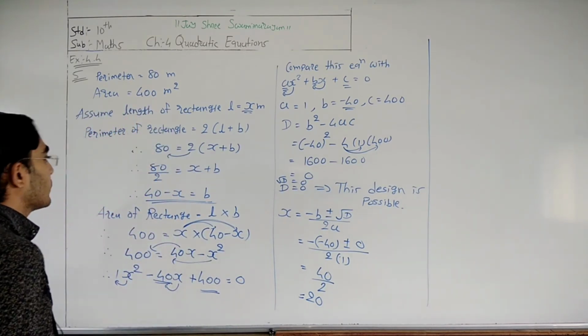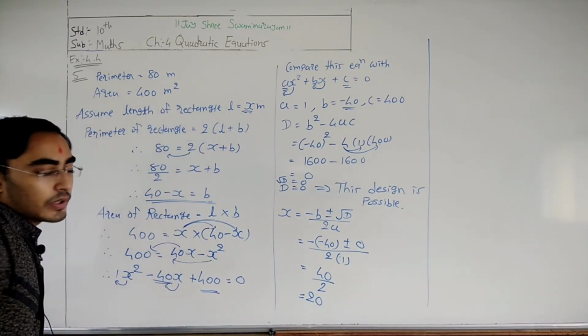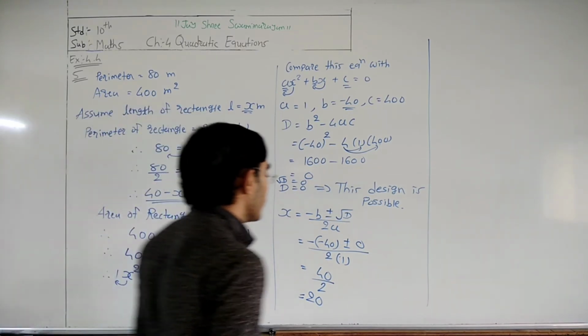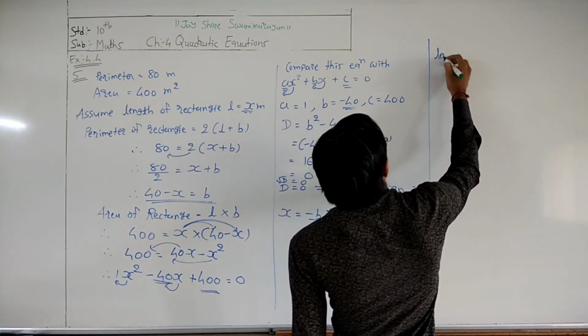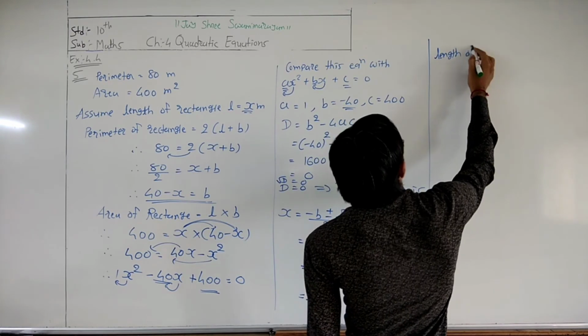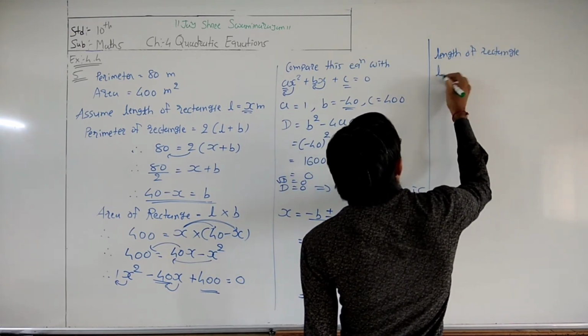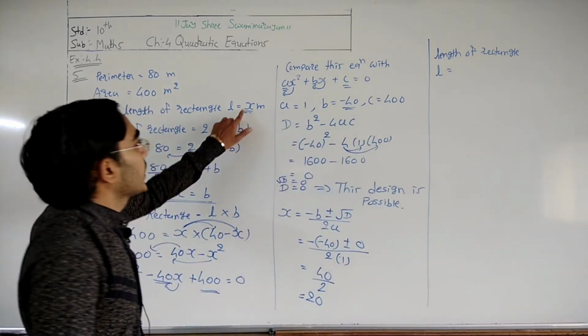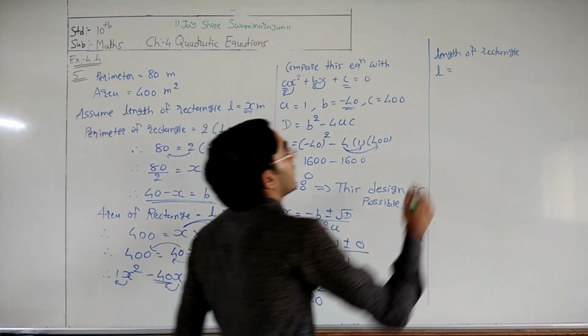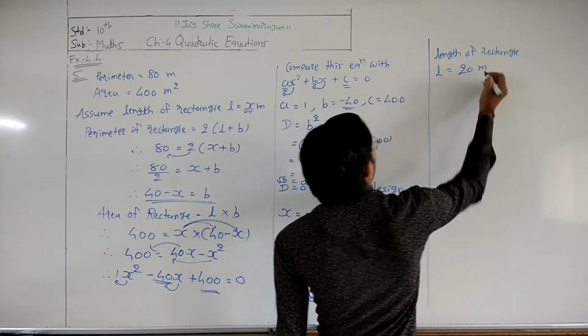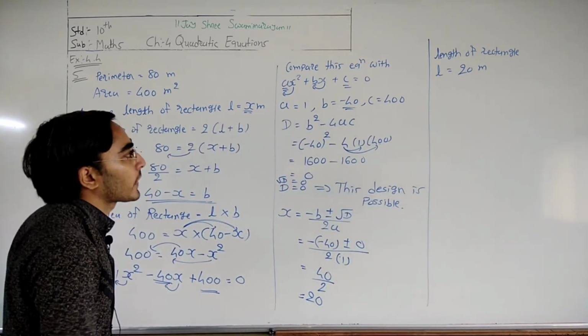Now from here we can find the values of L and B. Length of rectangle L is equal to x, and x is equal to 20. The unit is meter, so 20 meter.